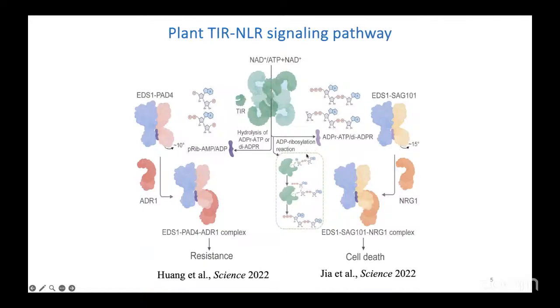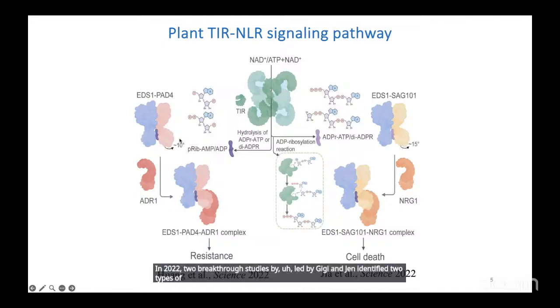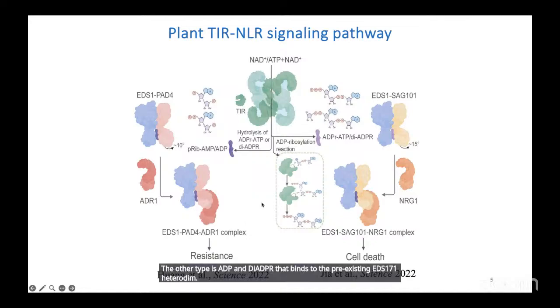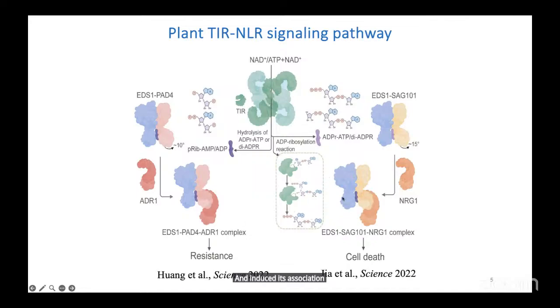In 2022, 2 breakthrough studies led by Jijie and Jian identified two types of signaling molecules. One type is pRib-AMP/ADP that binds to the pre-existing EDS1-PAD4 heterodimer and induces its association with ADR1. The other type is ADP-ribosylated ADP-ribose (di-ADPR) that binds to the pre-existing EDS1-SAG101 heterodimer and induces its association with NRG1.